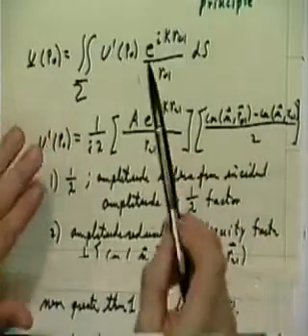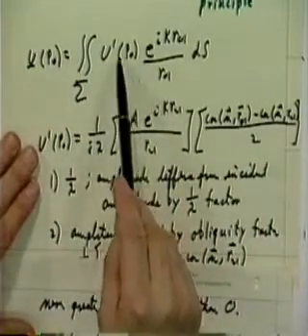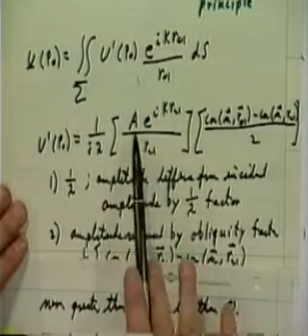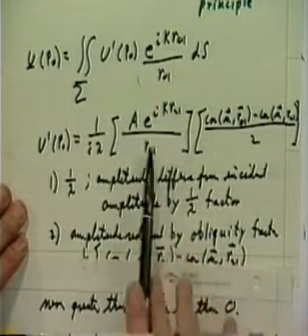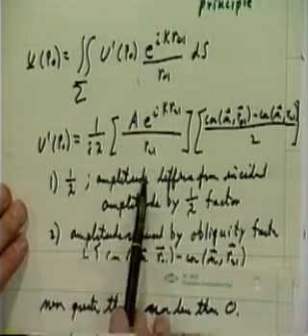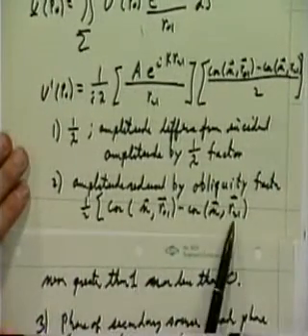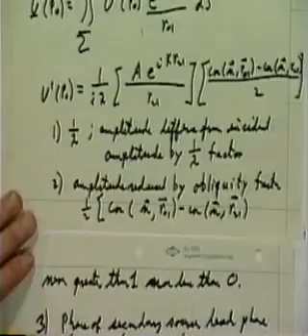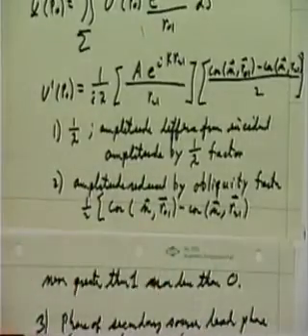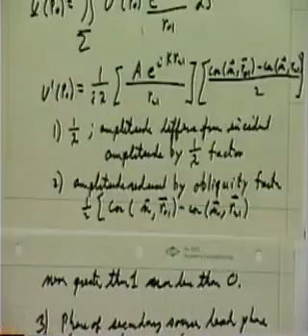And the amplitude of these spherical waves is almost equal to the amplitude of the incident wave, except it's modified by 3 things: you have the 1 over wavelength factor, you have this cosine factor, and you have this 1 over i phase factor.